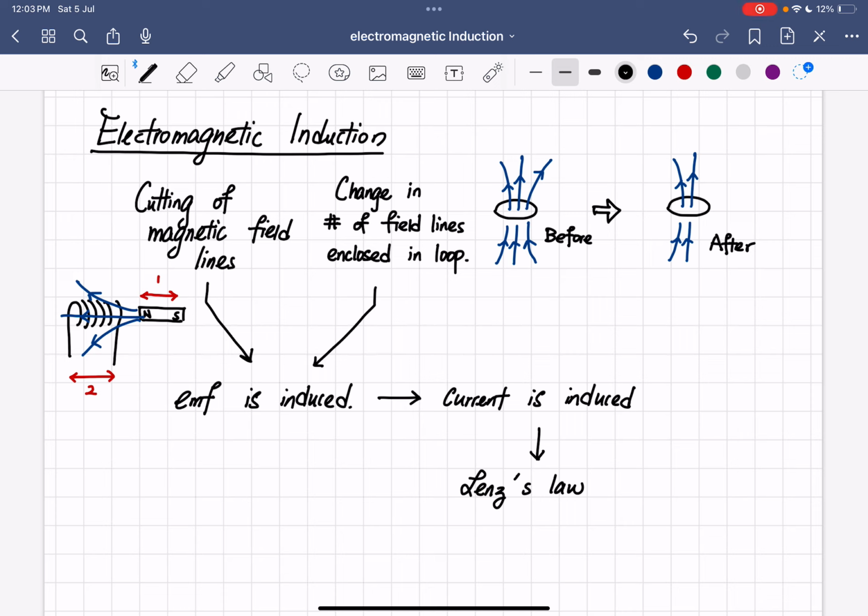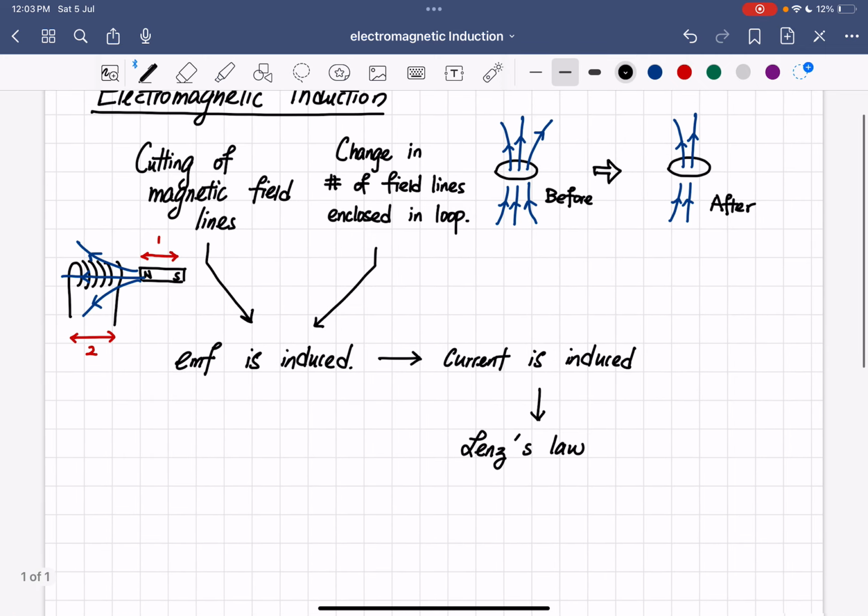But of course, the power of Newton's law is that you can actually do calculations and make numerical predictions. The same thing happens here for electromagnetic induction. We're going to talk about the mathematics of electromagnetic induction, so that we can do calculations on the EMF induced.